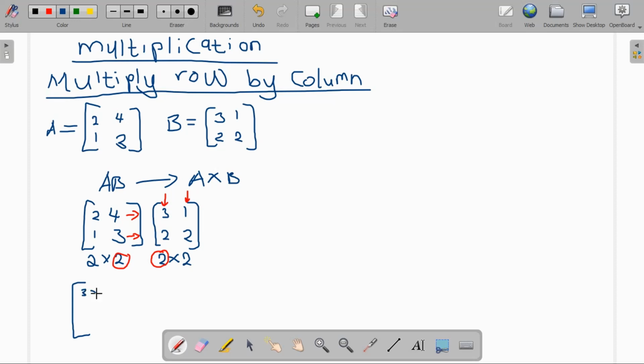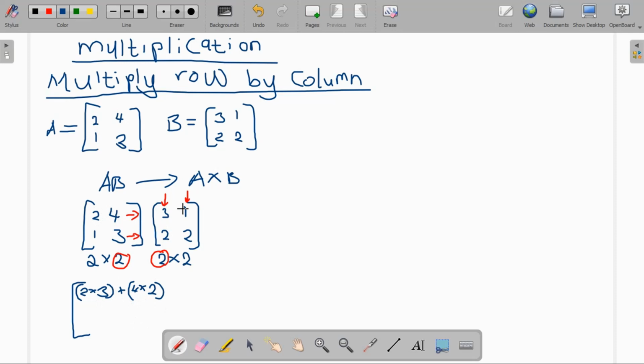I'll write 2 times 3 in brackets, and then plus, and it's row by column, so it's 4 times 2, in brackets. Then that is a row by column.